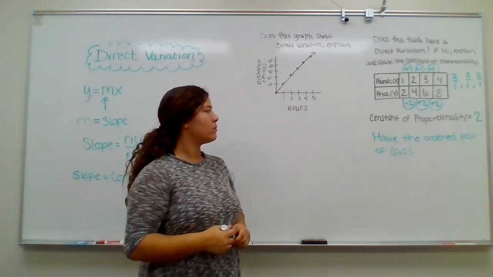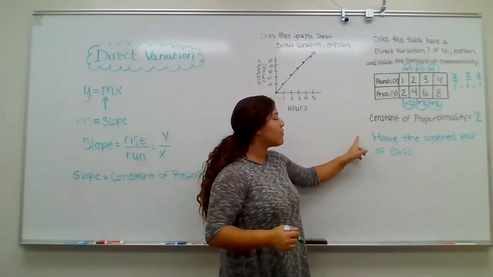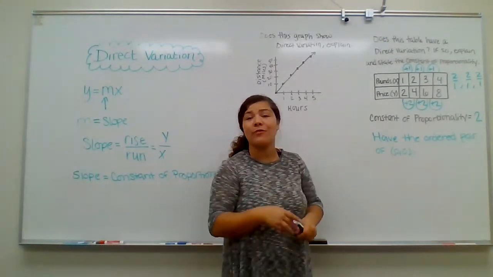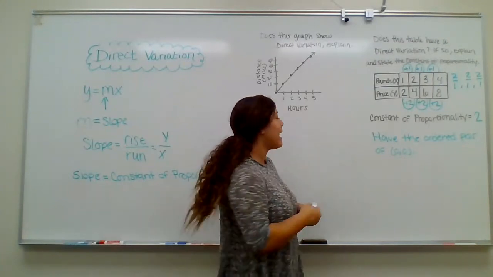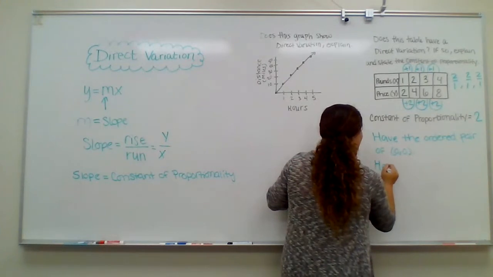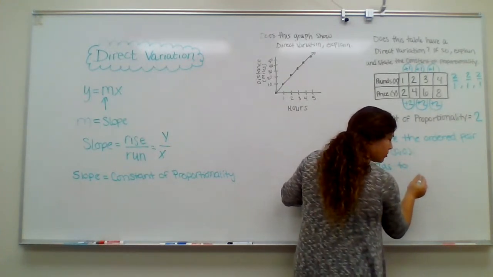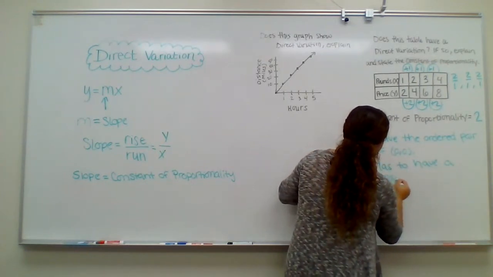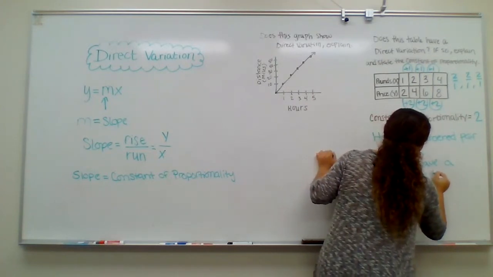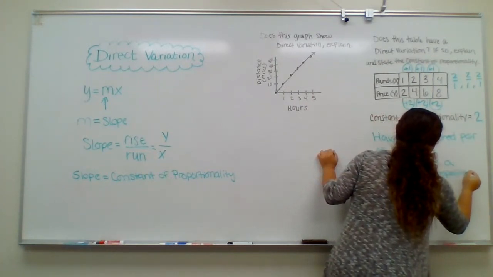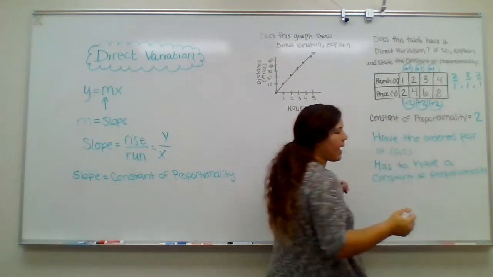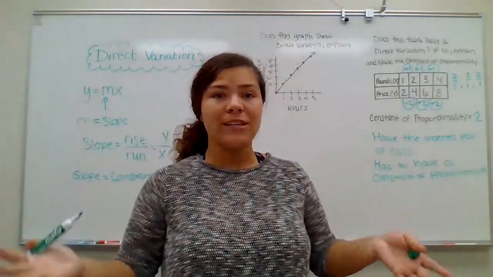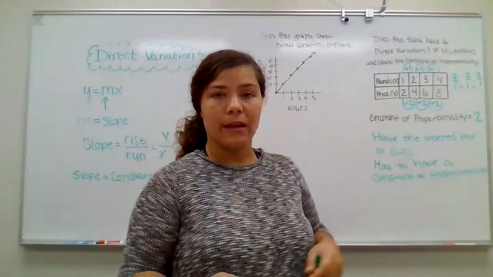So they have to have the ordered pair 0, 0. And, of course, like we've been doing throughout this whole unit, it has to have a constant of proportionality, AKA, you have to have equivalent ratios or slopes or rate of change throughout each thing, okay?